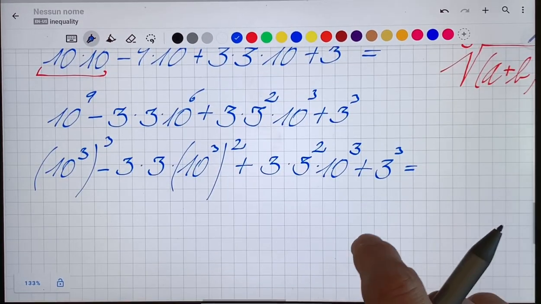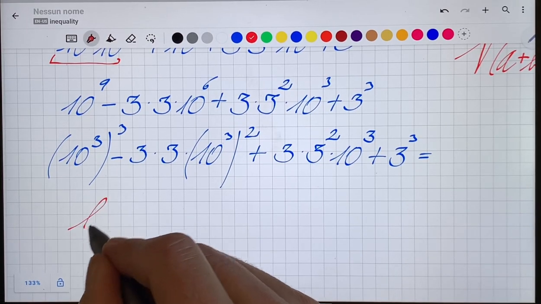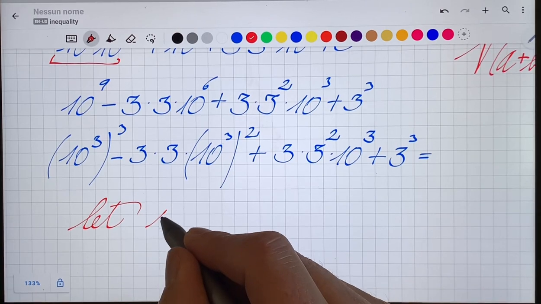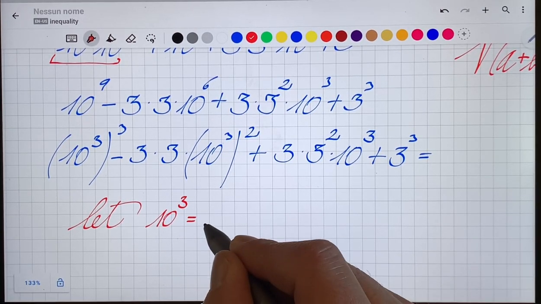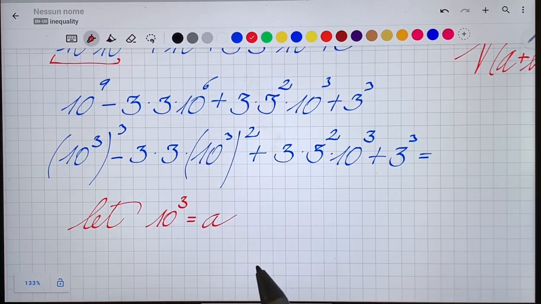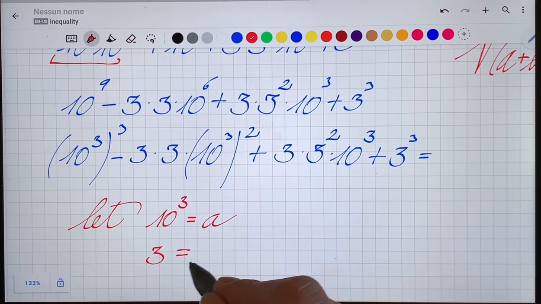Okay, now it works. Let 10 to the power of 3 equal A, and 3 is equal to B.